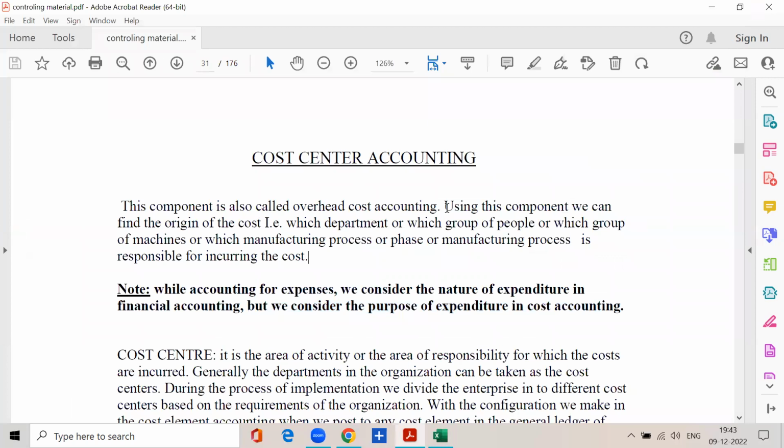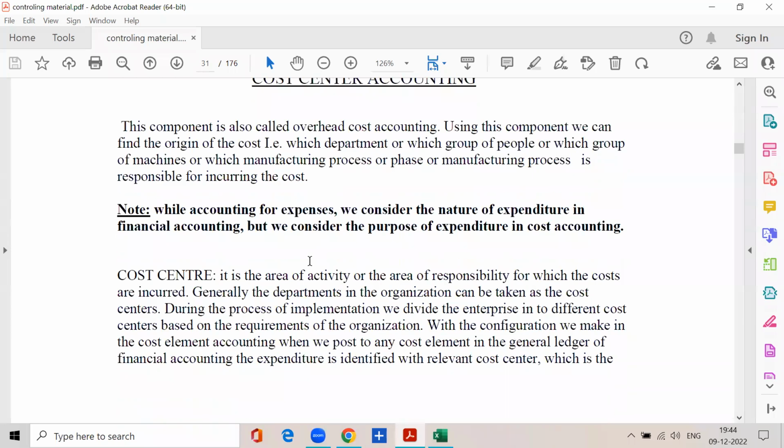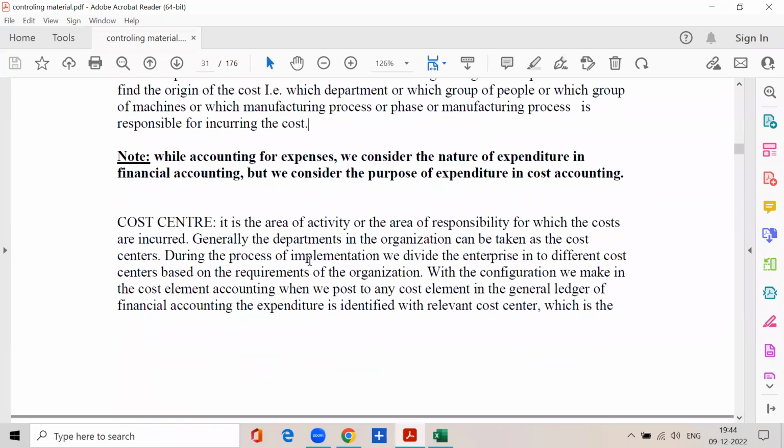So using this component, we can find out the origin of the cost. That is, which department, or which group of people, or which group of machines, or which manufacturing process or phase of the manufacturing process is responsible for incurring the cost. Then in real time implementation, what exactly do we do in cost center accounting? The CO consultant will design the cost centers according to the information requirement of the management, how they want to derive the information.